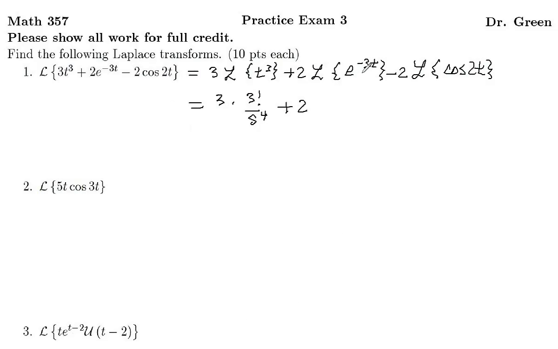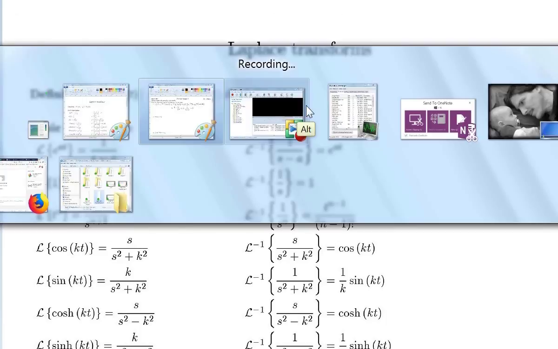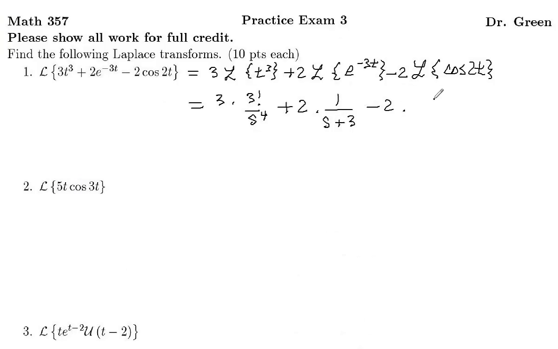Our a is negative 3, so this is 2 times 1 over s minus negative 3, so s plus 3. And minus 2 times the transform of cosine kt, which is s over s squared plus k squared. Our k is 2, so it's s over s squared plus 2 squared. We don't need to simplify these, so that's done.